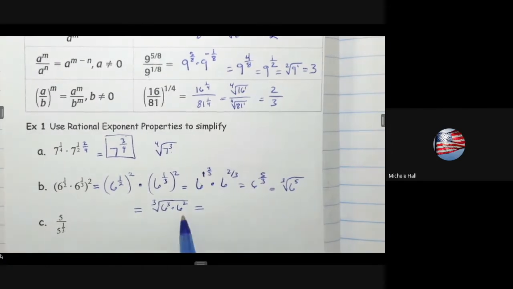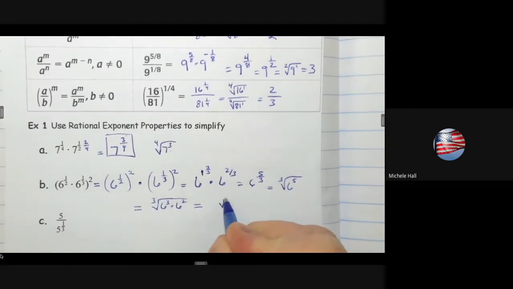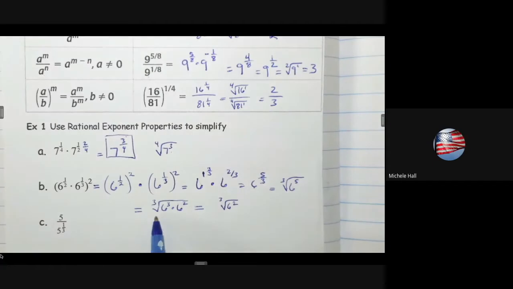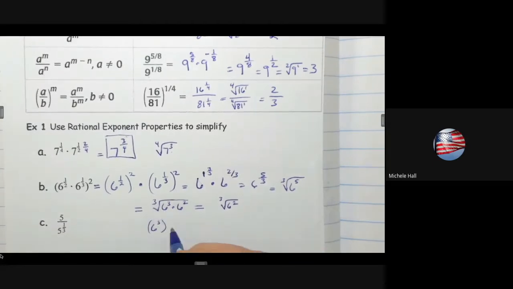I already know that I'm going to have 6 squared, the third root of 6 squared. I know that's my answer. The third root of 6 squared. What is the answer to the third root of 6 to the 3rd? That's 6 to the 3rd, and if I change it back to its fractional exponent, that's going to be 1/3.